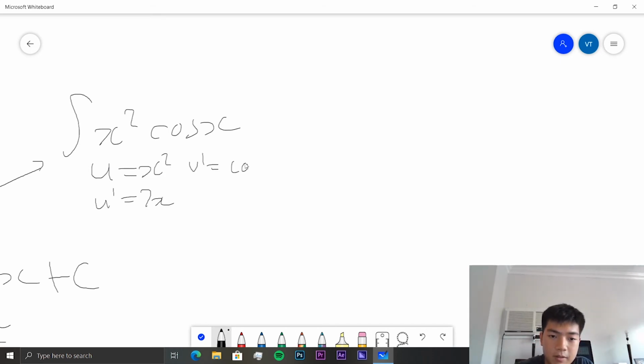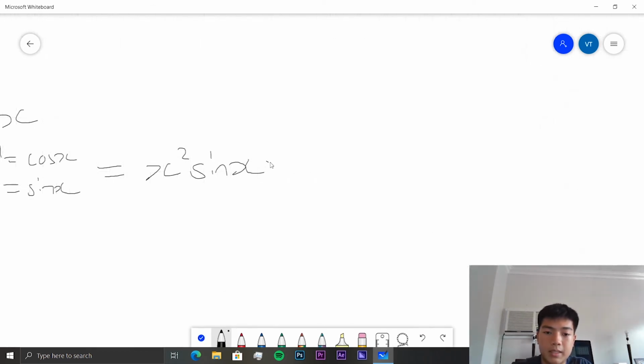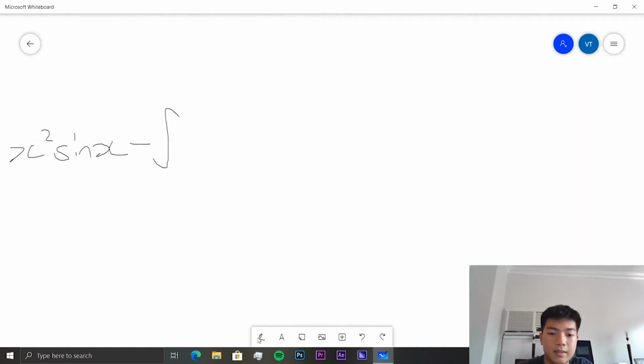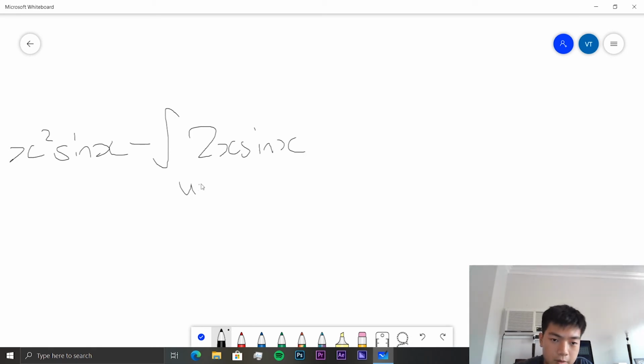V prime is equal to cosine x. V is equal to sine x. So this is equal to x squared sine x minus the integral of 2x sine x. So u is equal to 2x, u prime is equal to 2, v prime is equal to sine x, and v is equal to negative cosine x.